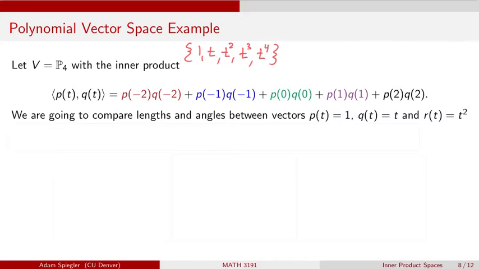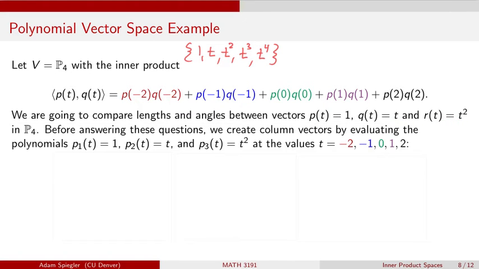The three that we'll take a look at are the first three elements in our basis. That would be the polynomial p of t equals 1, q of t is equal to t, r of t is equal to t squared. And what we're going to want to do is answer some questions that relate to the inner product of these polynomials with each other, with other polynomials.